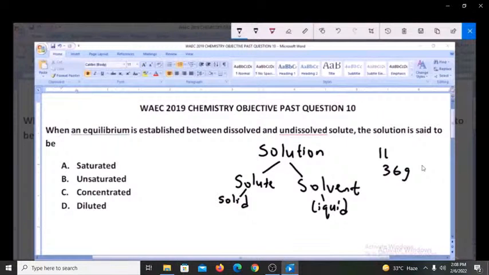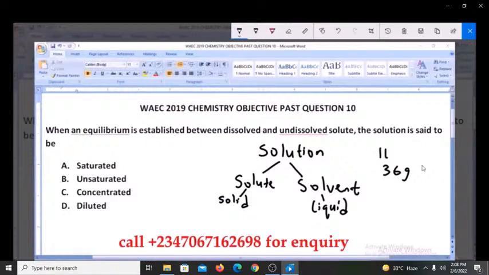We have established the fact that 36 grams of sodium chloride is enough to saturate 1 liter of water. If you have less than 36 grams of sodium chloride in 1 liter of water, then it can be said that the solution you have is unsaturated, because the amount of solute that you have in that solvent is less than the maximum amount that can be dissolved. So in that instance, the solution is said to be unsaturated.